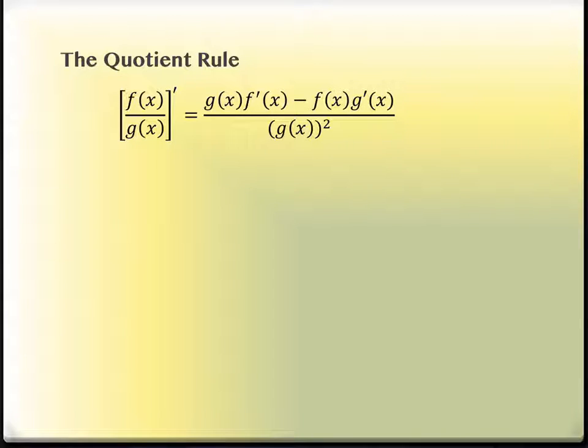So the numerator is much like the product rule with subtraction instead. And then you see the denominator is just the original denominator squared. Is that just the prime thing? Yes, those primes are derivatives. Those accent mark kind of things are the derivative notations. So you're going to take g of x times the derivative of f of x minus f of x times the derivative of g of x.